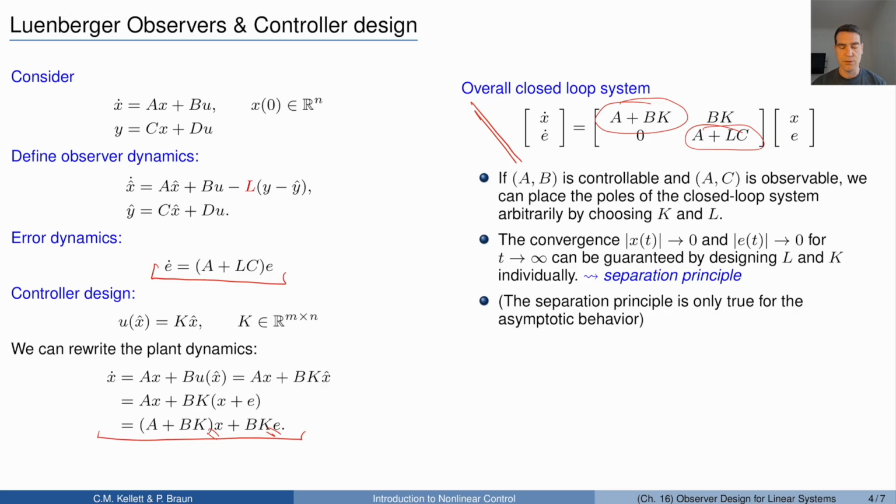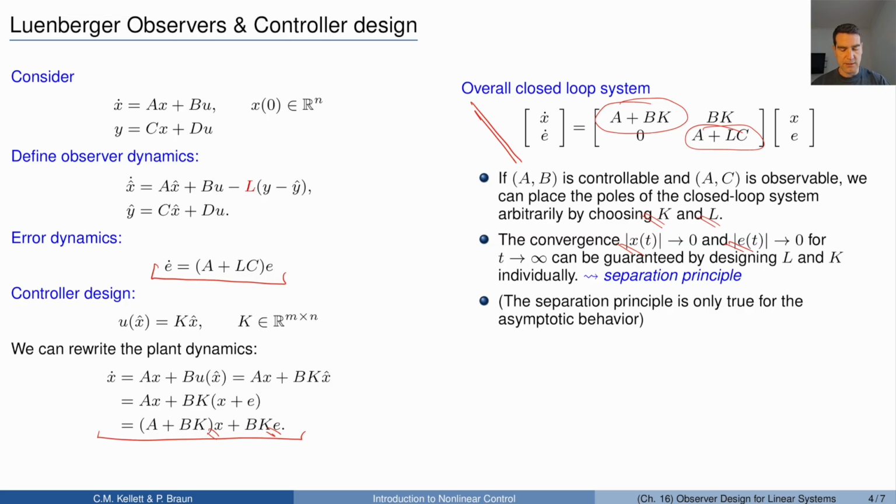If the system is controllable and observable, then we can choose K and L in such a way that these block matrices are Hurwitz, which means we can guarantee that the error goes to 0, which then additionally implies that x converges to 0, allowing us to use an output feedback controller, relying on an observer, to control the state of a plant and ensure convergence to 0.